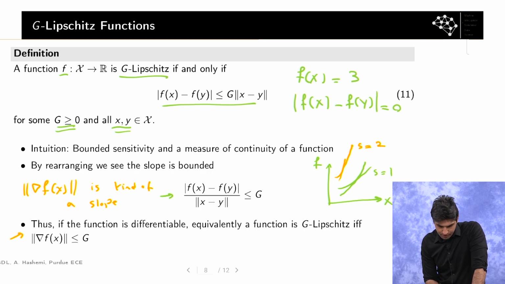As I'm summarizing here, if the function is differentiable, we can say that it is Lipschitz if there exists a uniform bound on the norm of the gradient.